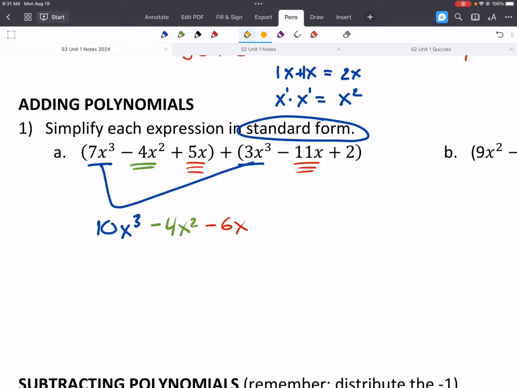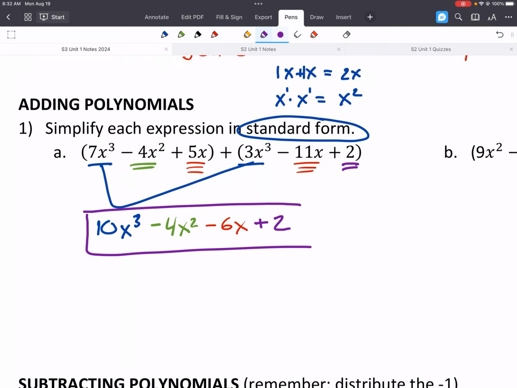And then we have our constant. That's the only one that has no variable. And that would be our answer. As you see, the highest exponent goes first, and then the next is the 2, and then we have a 1, and then we have our constant. So make sure you write your answers in that order.